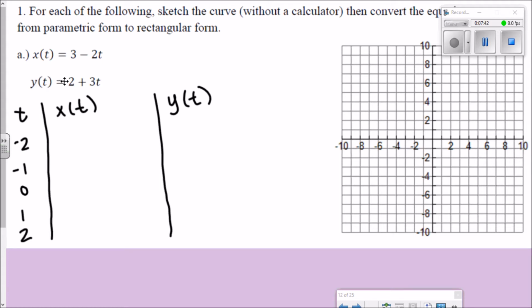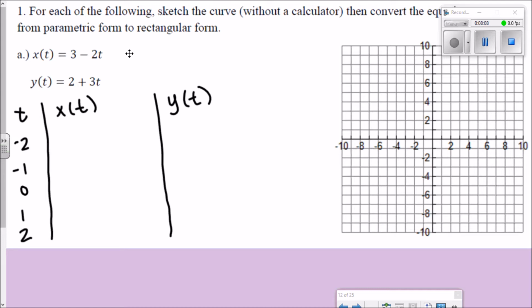So if I let t equal -2, I'm going to plug it into my x's, I'm going to plug it into my y's, and that will give me the x and y value for one point. By the time I'm done, I'll have 5 points. I will connect them and then we will see what happens after that.